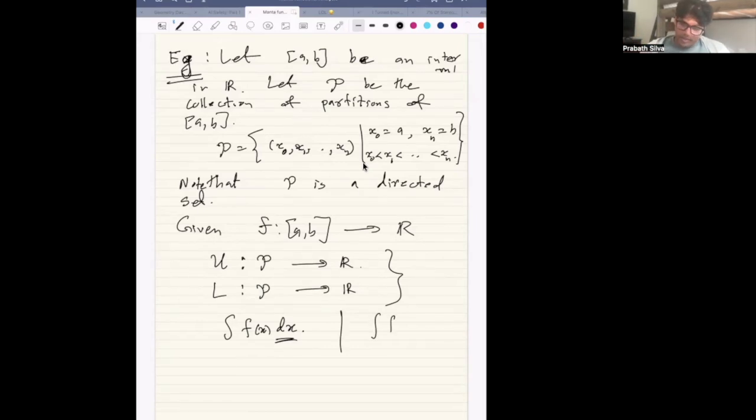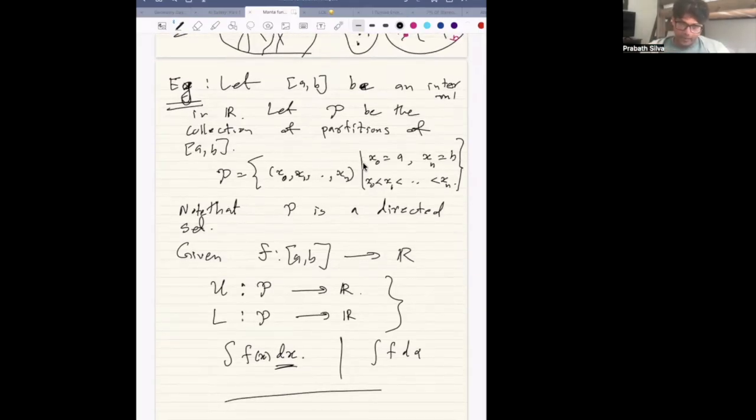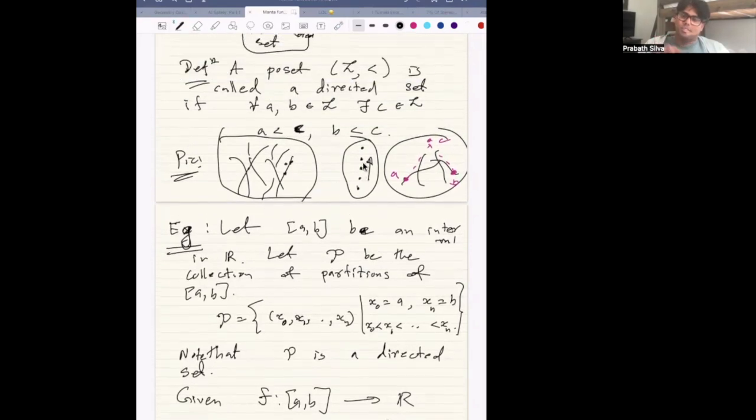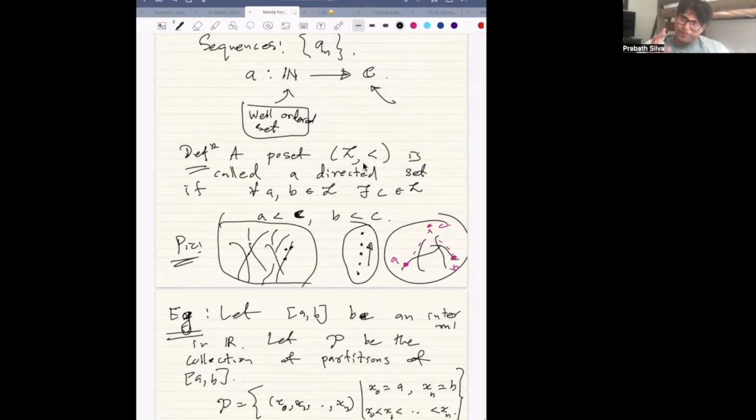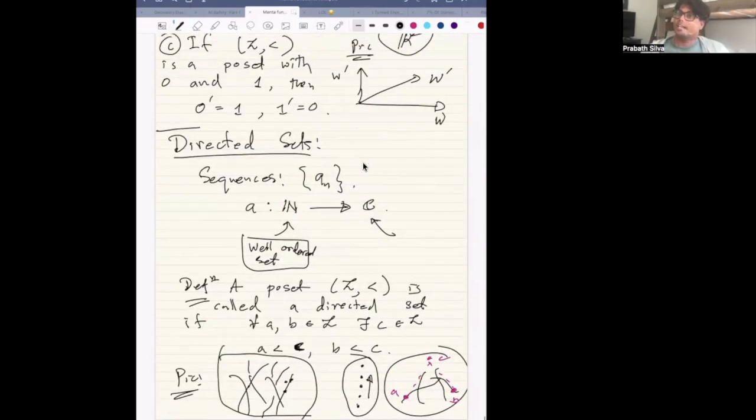But you also have something called the integral of f d-alpha, where you have an increasing function alpha, and you assign the distance to an interval by using alpha. It is pretty similar, but I'll define nets and then prove the theorems, and we'll go through it on a later day. But I want you to notice that when you did Riemann integration, we dealt with taking limits over this particular directed set.